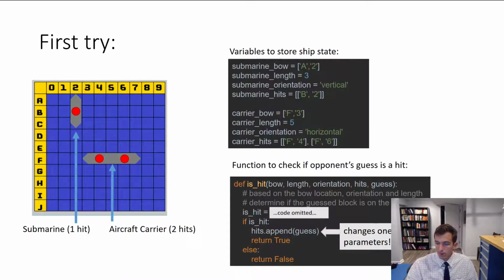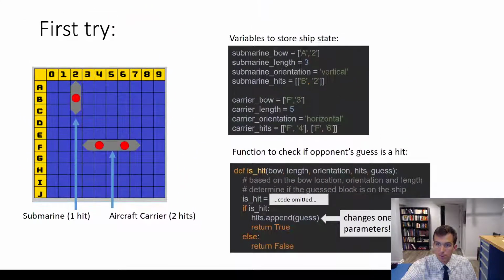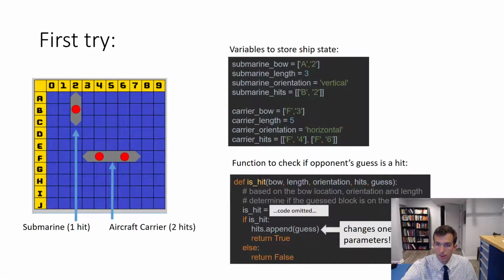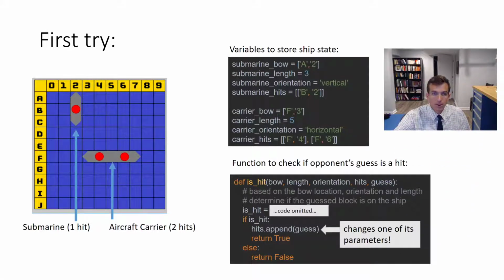So if we were going to write this using the tools that we know so far, we'd have to have a fair number of variables, and the names for those variables could get complex, right?